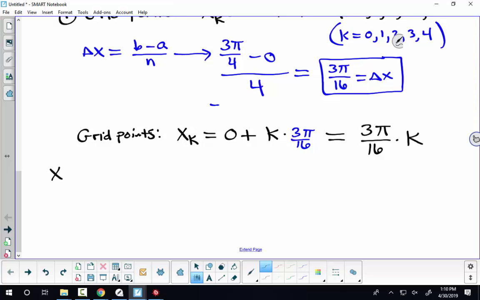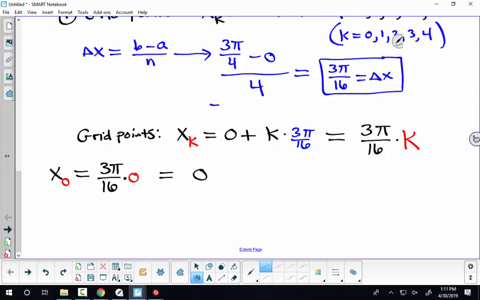So let me write this here just to see where our input is. This k is what's varying. So when k is 0, we're finding x sub 0, defined by 3 pi over 16 times k, which is 0.